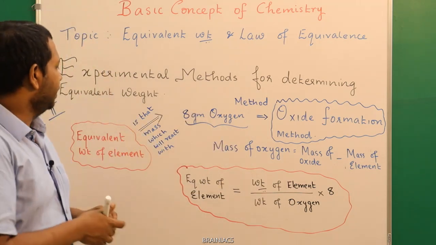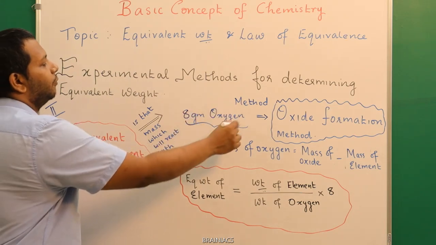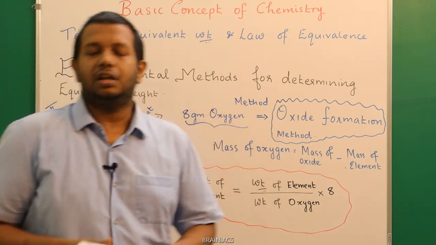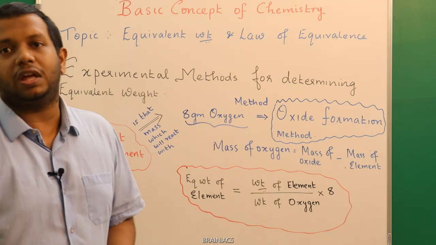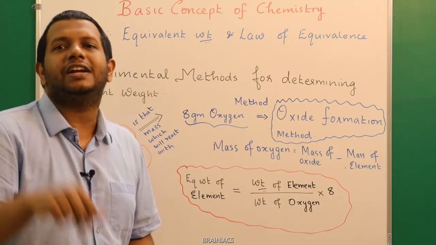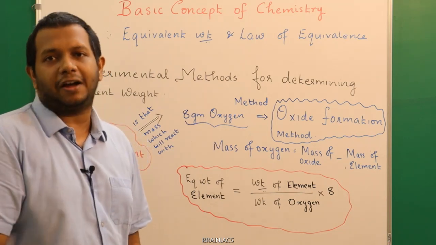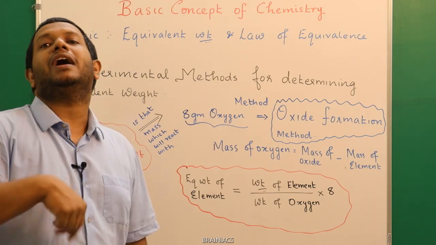So as per my definition, equivalent weight of the element is that mass which will react with how much gram of oxygen? 8 gram of oxygen. So 350 gram is reacting with 16 gram means 8 gram will react with how much? 350 divided by 2, correct? So it will come around 175. Then 175 gram will be my equivalent weight.